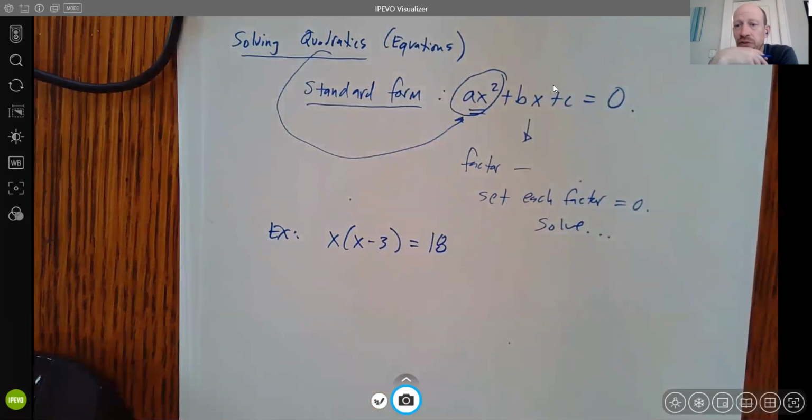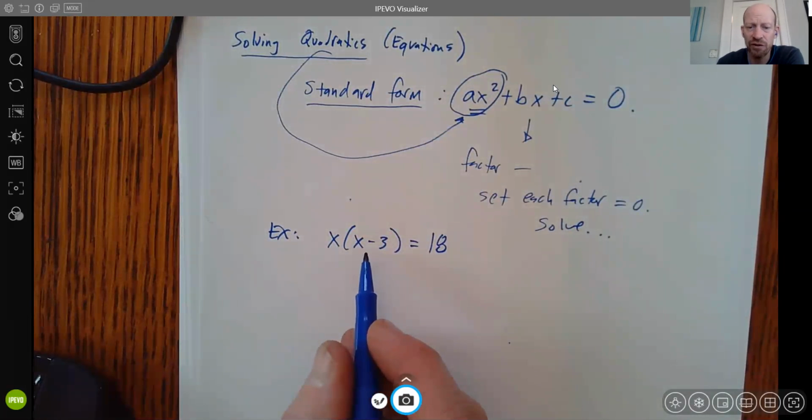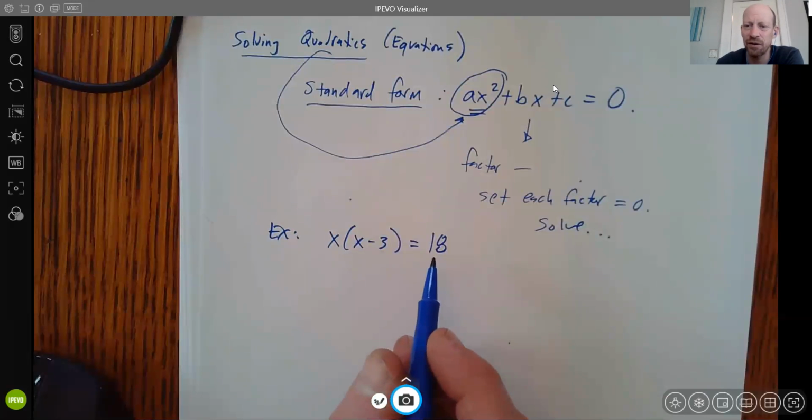Okay, so here's an equation that we're trying to solve. And this is a little bit what I was talking about. This doesn't look like that standard form, and so I'd really like to get it into standard form. And you might be saying, but look, this is factored, right? x times x minus 3, that is factored, but it's factored equal to 18. That's not helpful.